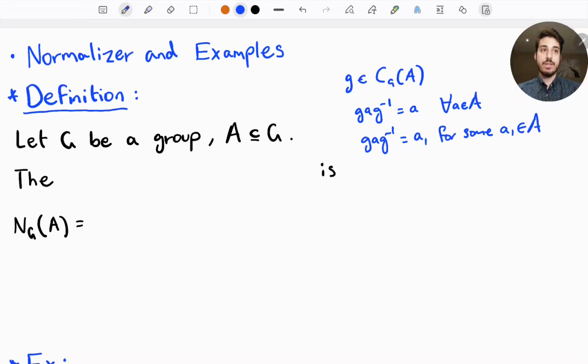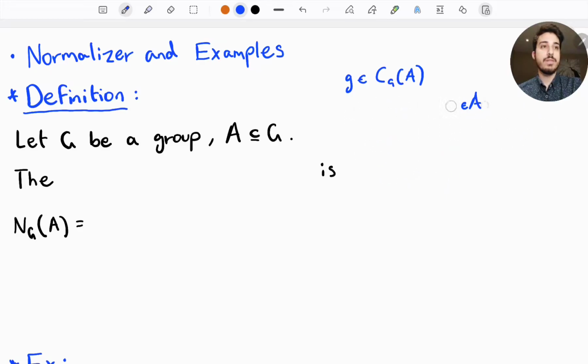Okay, so that is the subtle difference. We're not as restrictive as in the centralizer. We just want to get an element that is inside A. So G a G inverse is going to be an element in A, not necessarily equal to a. Okay? So that is the definition of the normalizer.